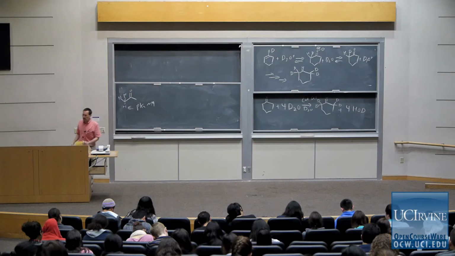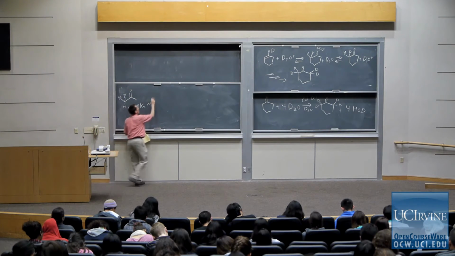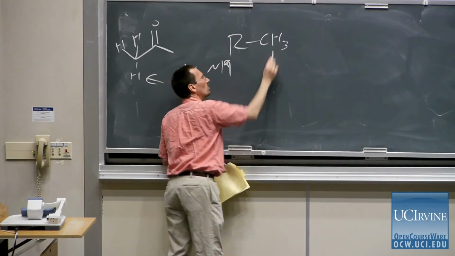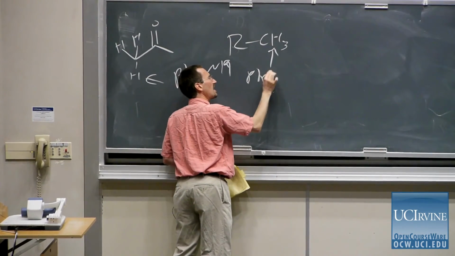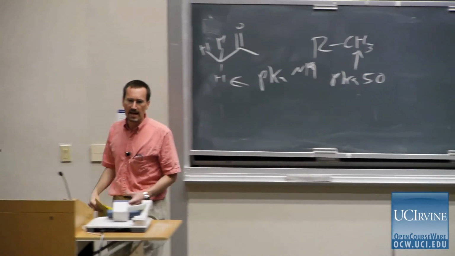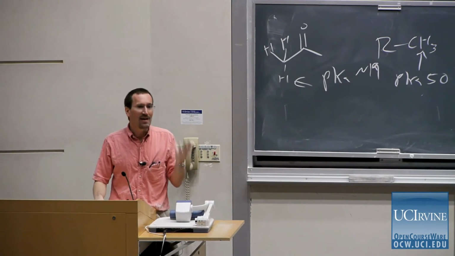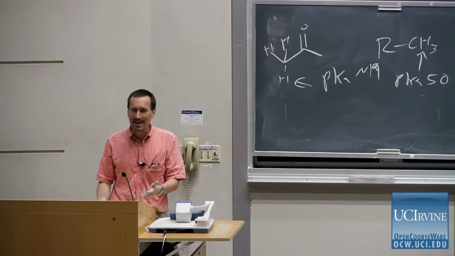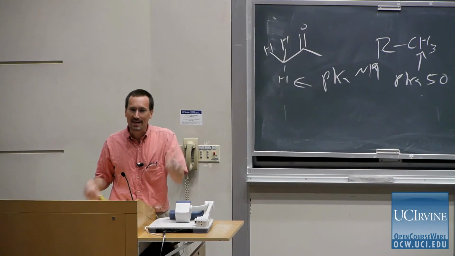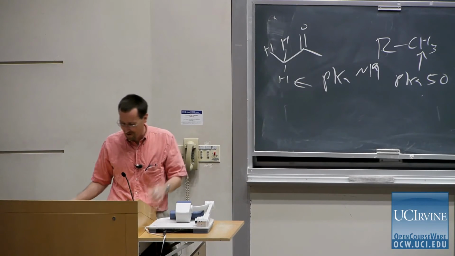And that's interesting, because if you think about, say, a regular methyl compound or a regular alkyl compound, the pKa is about 50. In other words, the pKa of an alkane is, while nominally acidic, very, very, very weakly acidic.